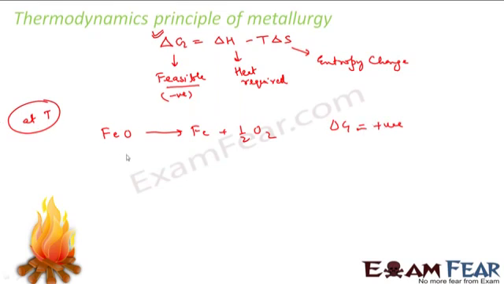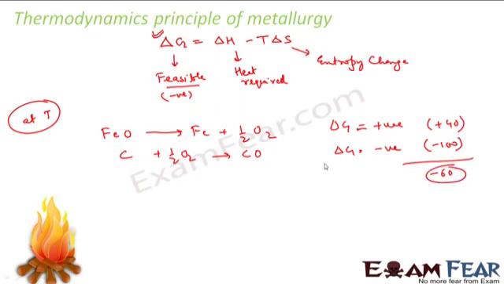But if you combine this with another reaction, for example, carbon plus oxygen gives carbon monoxide, delta G is negative. In fact, very negative. Let's suppose this value is minus 100 and the other value is plus 40. So if you add these two, what you get is minus 60, right? It is highly negative.